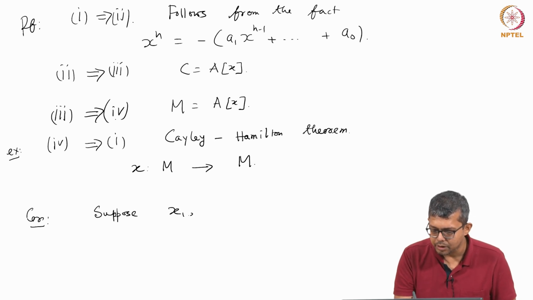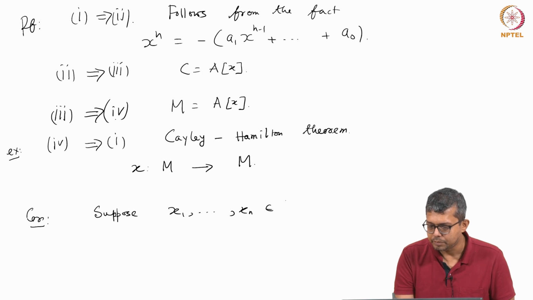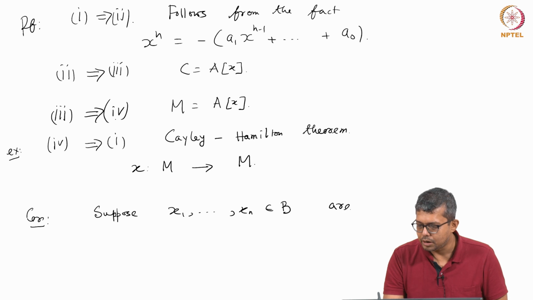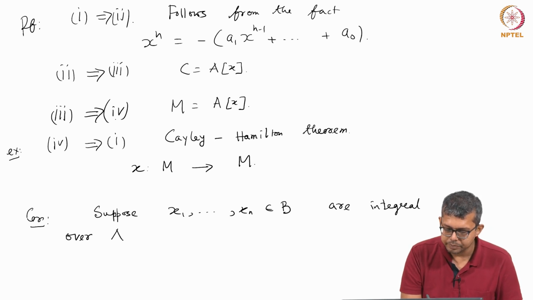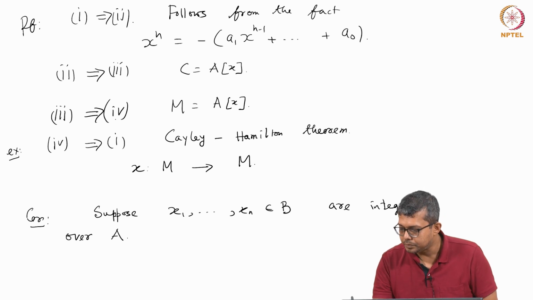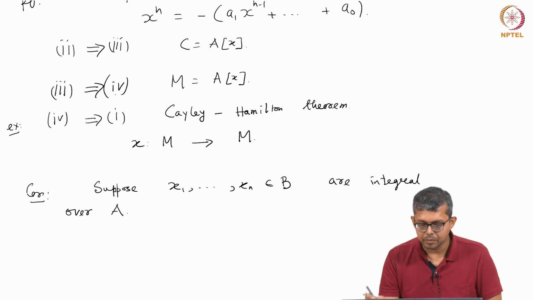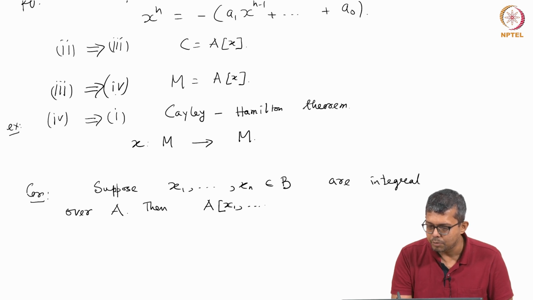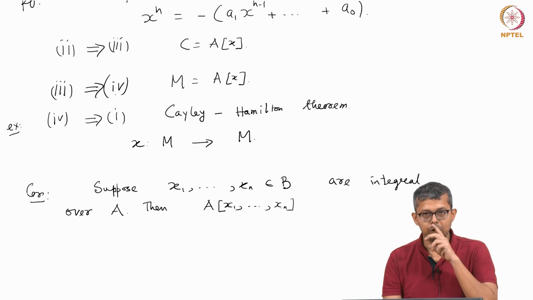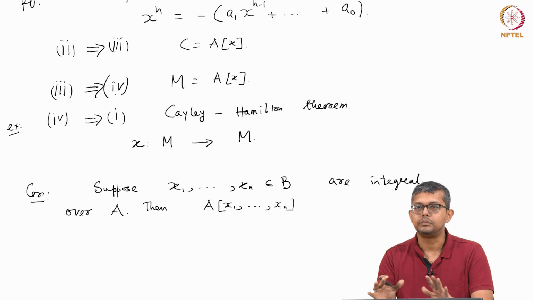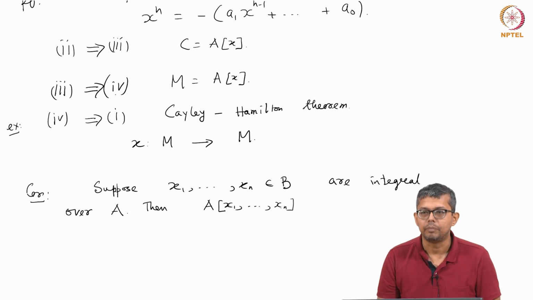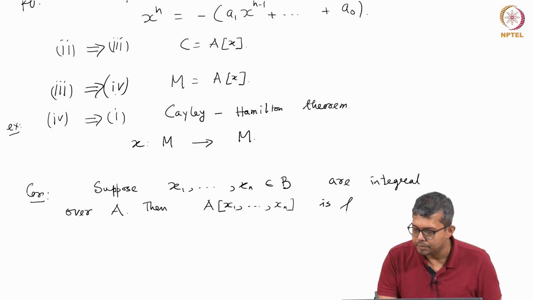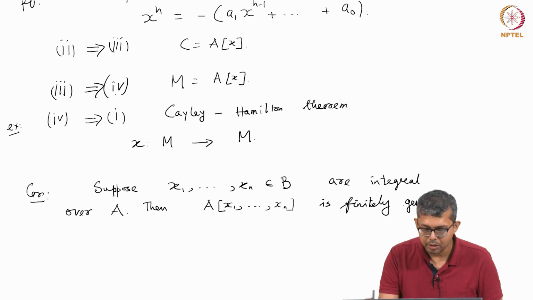Suppose x1, x2, ..., xn belong to B and are integral over A. Then you consider the polynomial ring, now a multi-variable one. Then A[x1, x2, ..., xn] is a finitely generated A module.